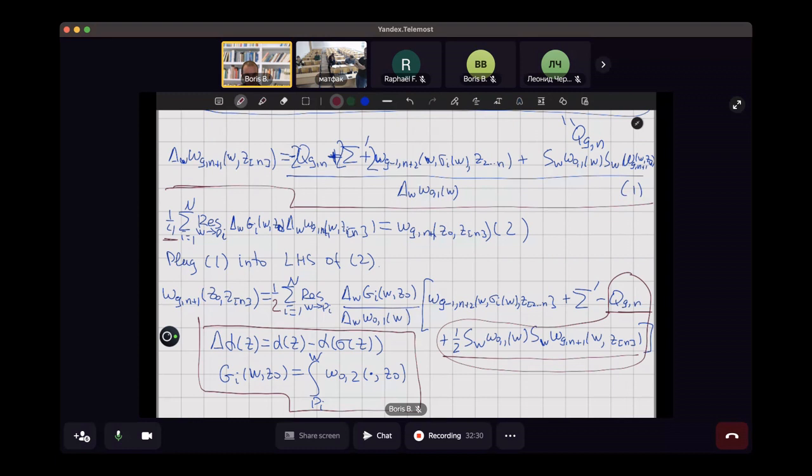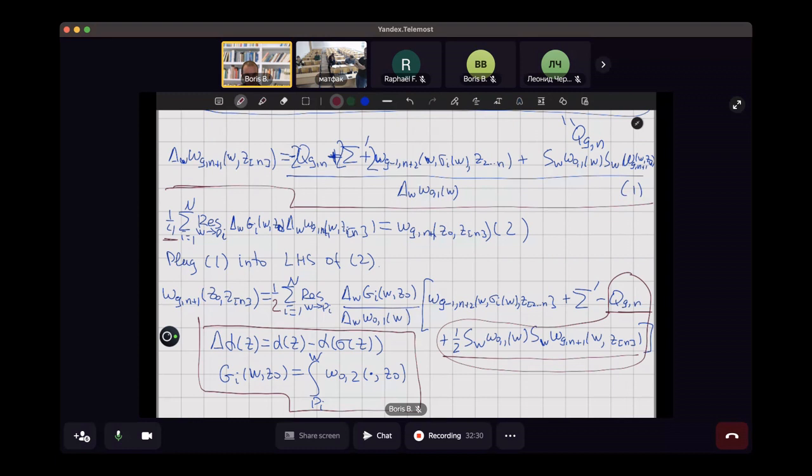And just the same with the second guy here. We know already that omega_{0,1}(w) has a double zero. No, the omega itself has a simple zero, and S of omega has a double zero.